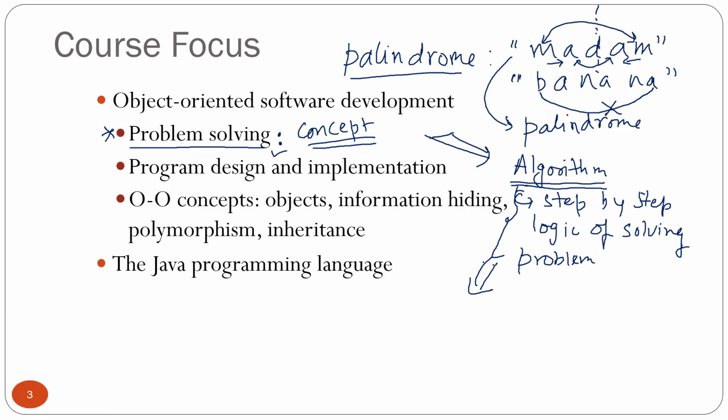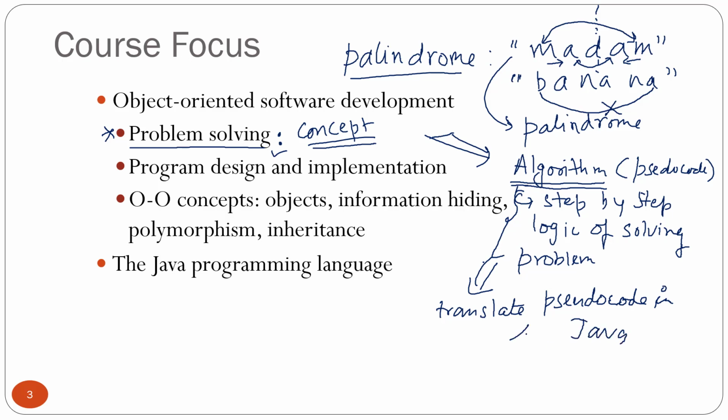When you write the algorithm, usually the algorithm is written in pseudocode. So we write algorithms in pseudocode, and when you translate this pseudocode into a programming language like Java, that will result in a Java program.